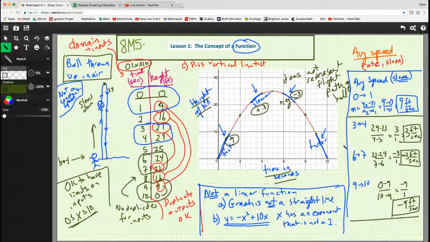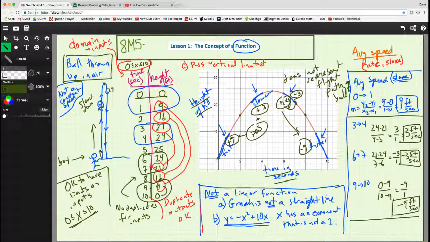Whoa. So what's the difference? Here I got negative, and here this is positive 3. So I have positive 9, positive. These are both positive, and these are both negative. Wow. Well, let's think about this. Going up, maybe positive means we're going up, and negative means we're going down, and that would make sense.